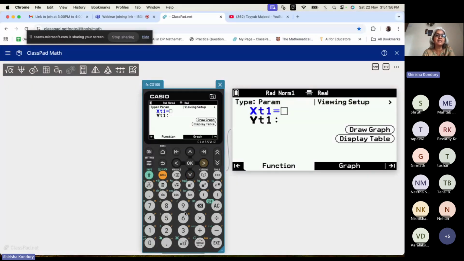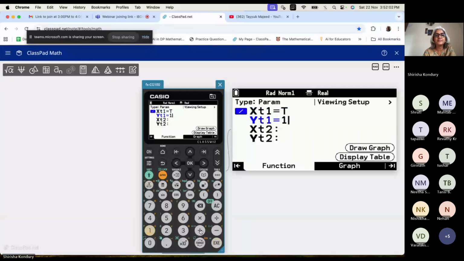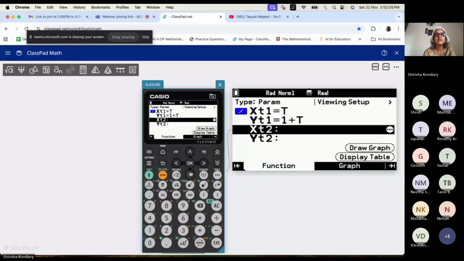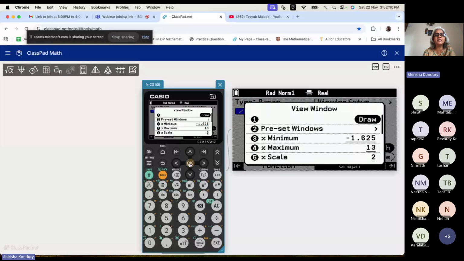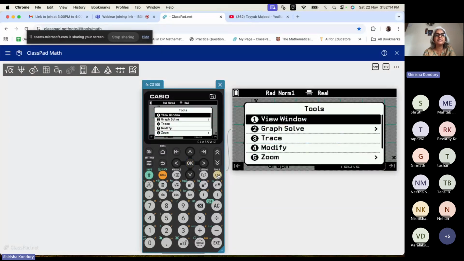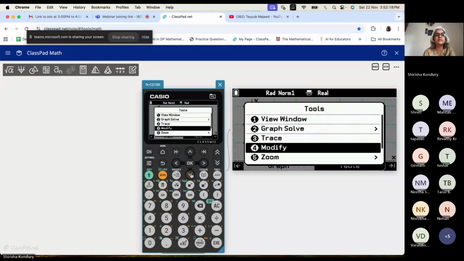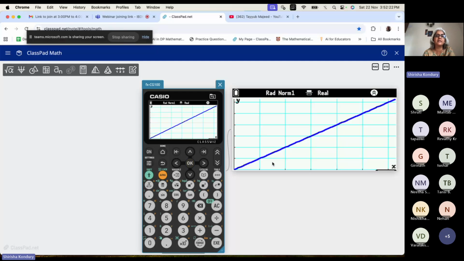Here, for example, I'm just going to graph a simple one. When you do this, it gives you a graph of y with respect to x, with whatever options you have entered.